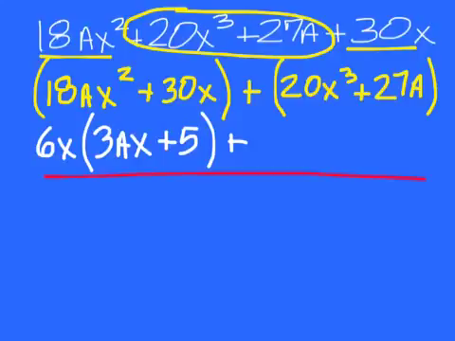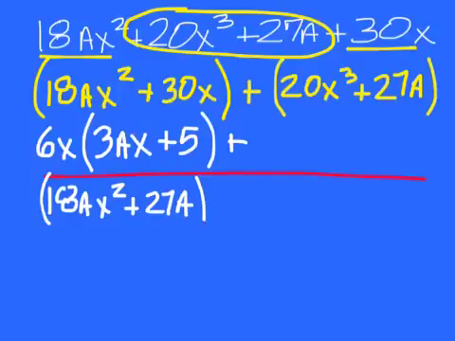Instead of picking those first two terms, what two terms could I pick now? Okay, so we'll pick 18ax squared plus 27a. And the other two sets are positive, so there's no need to worry about a sign. So plus 20x to the third plus 30x.